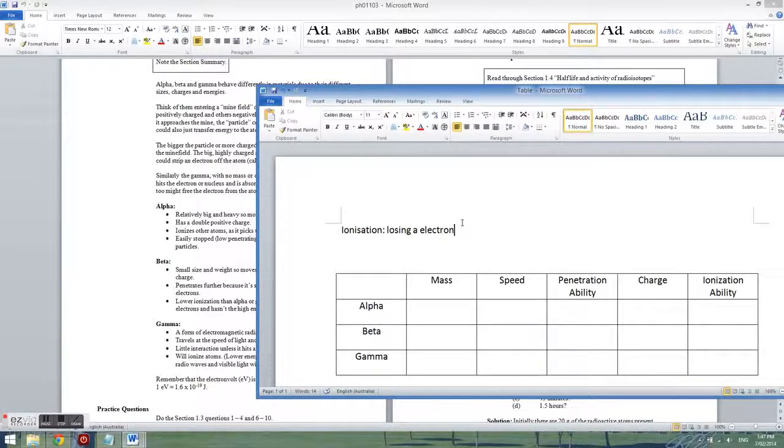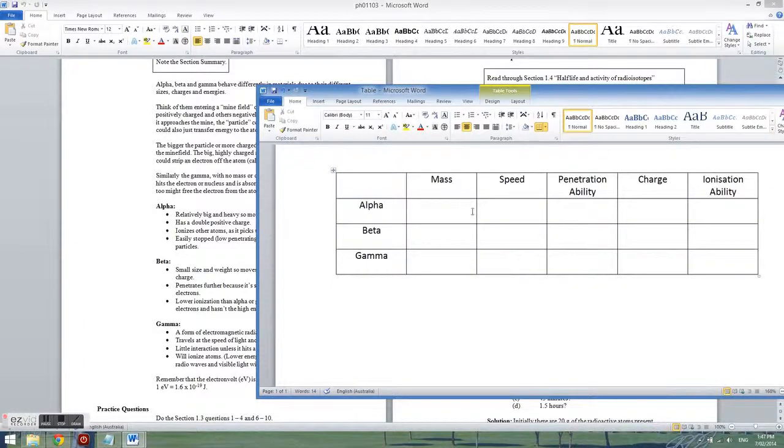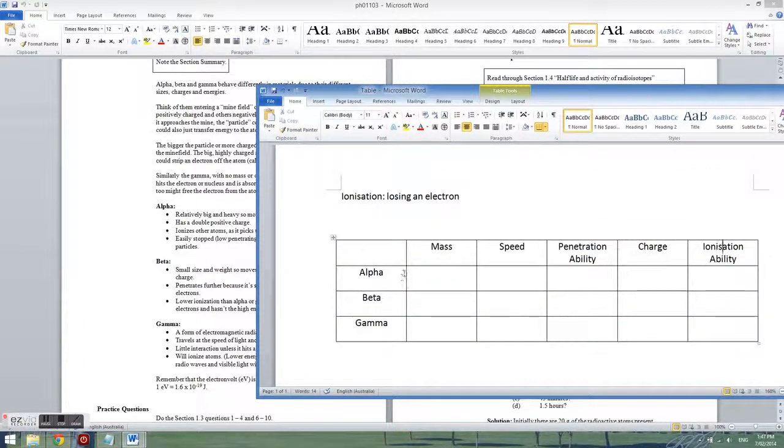So if I have an atom and the atom loses an electron, we call that process ionization. Now let me just go through and summarize the properties of alpha, beta, and gamma radiation.